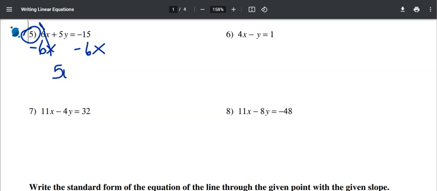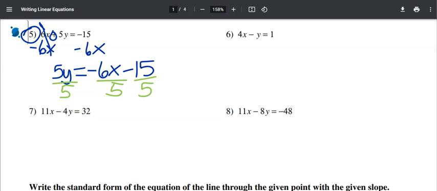That cancels out. That leaves 5y, and it's positive because it's a positive 5y up here, equals, and again, I'm just going to write the negative 6x first and the negative 15. It doesn't matter what order I write them in. I can't combine them anyway because they're not like terms. So the next step is going to be the division. I'm going to divide everything by 5.